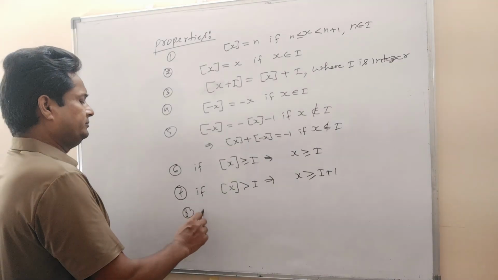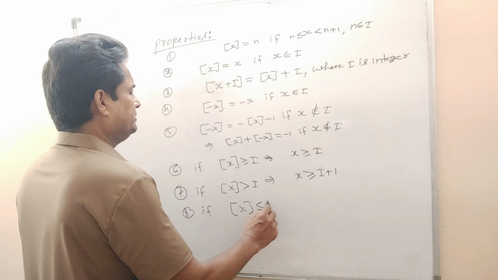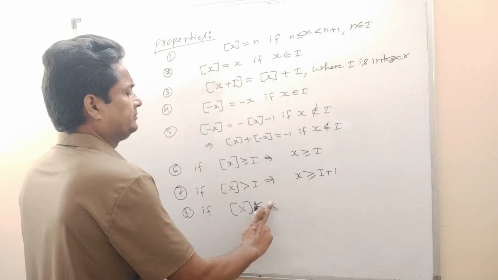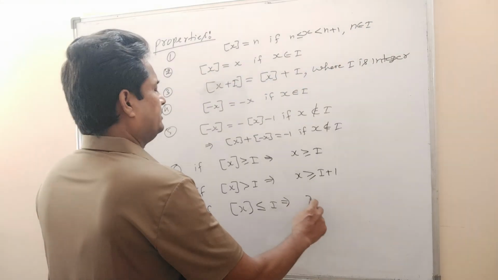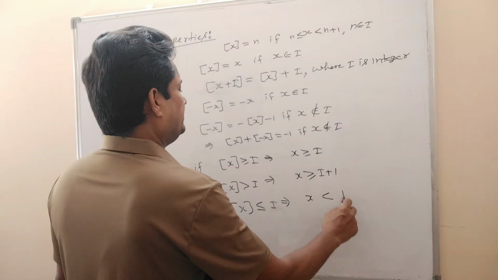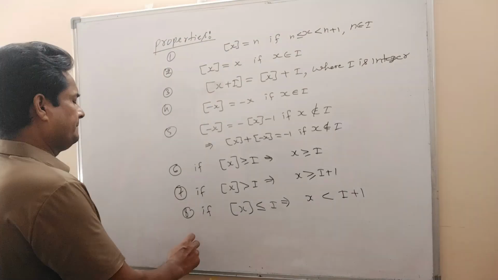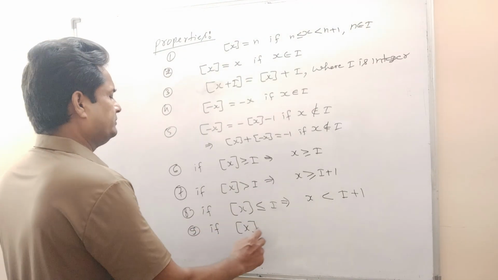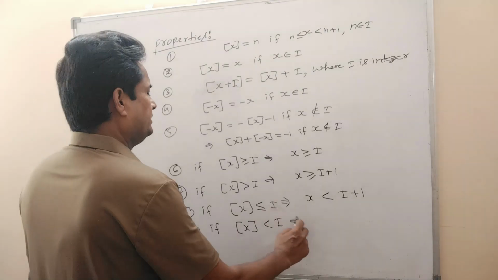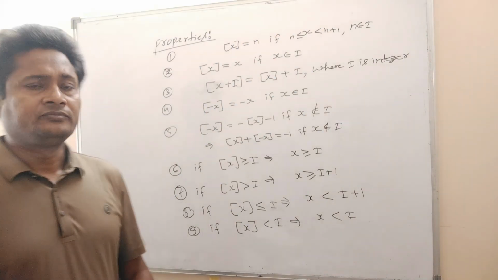Number 8, if greatest integer of x is less than or equal to I, then x will be less than I plus 1. Number 9, if greatest integer of x is less than I, then x is less than I.